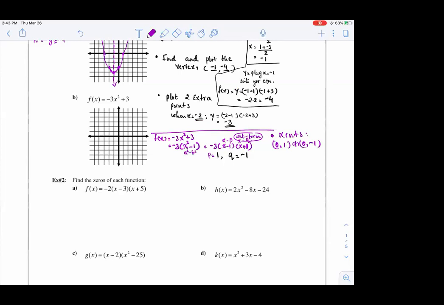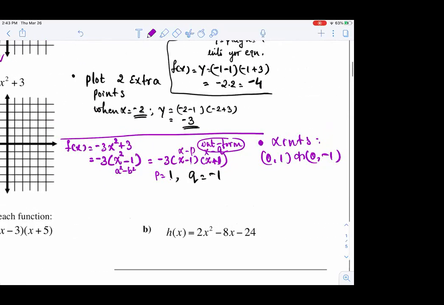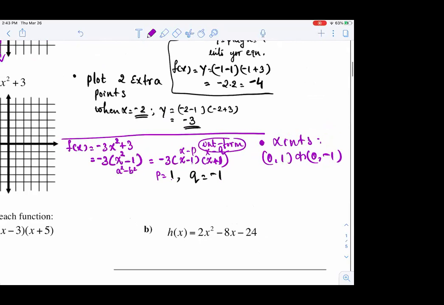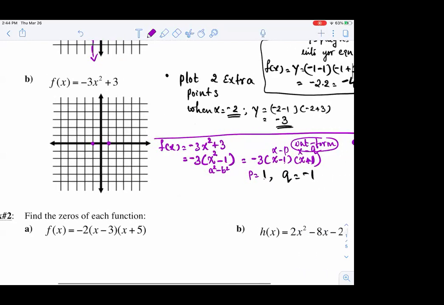I want you guys to plot the points. I'm sorry, 1 second, guys. It's not 0, 1. It's 1, 0, and it's X-intercept, right? So these are the X coordinates. 1, 0, and -1, 0. Okay.